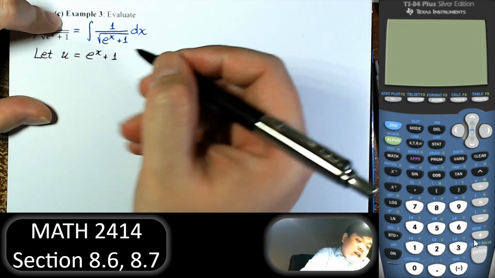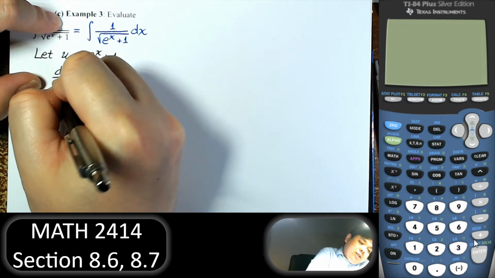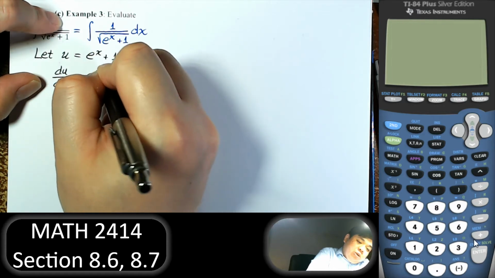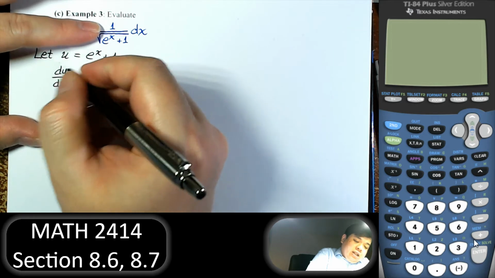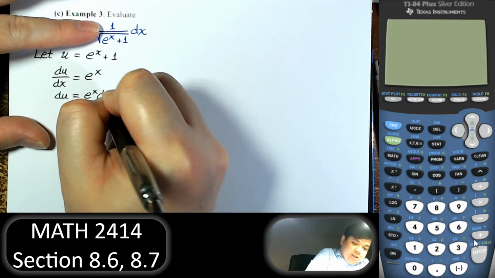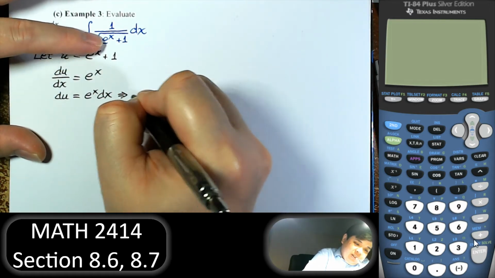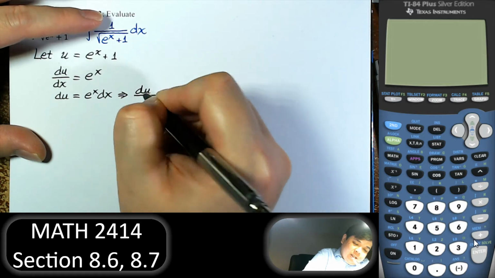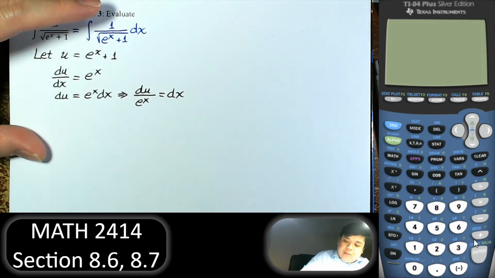Right, if u is that, then we take the derivative. e to the x is still e to the x. Now move the dx over, and then we divide back. Yeah.